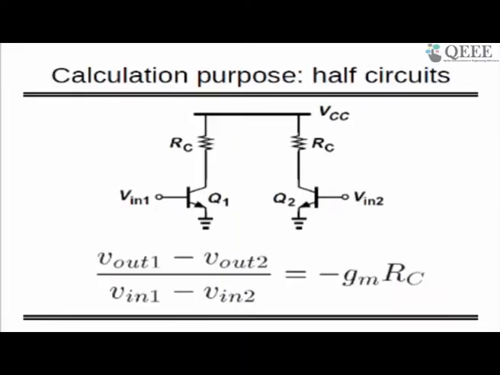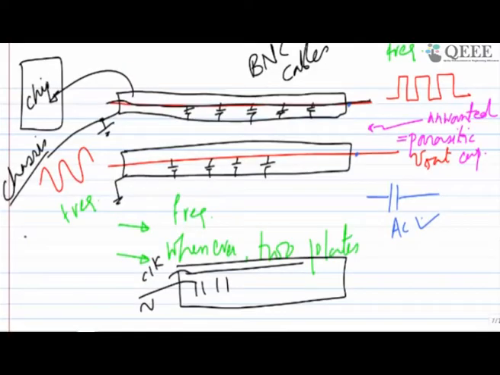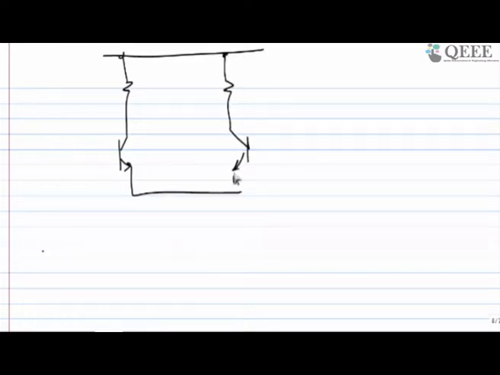So this is one circuit. Let's go back to our main analysis, where we started from this one: common emitter with current source at the bottom.